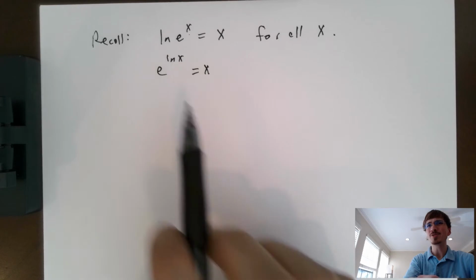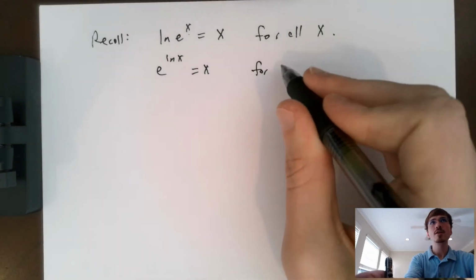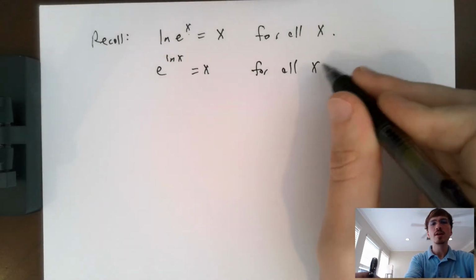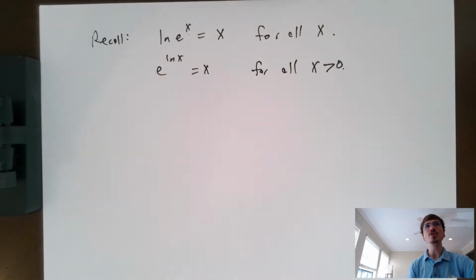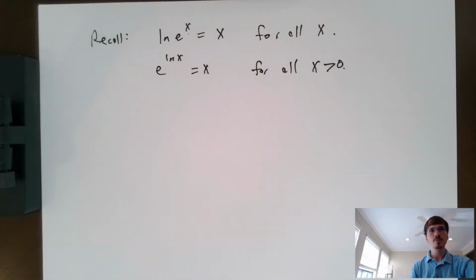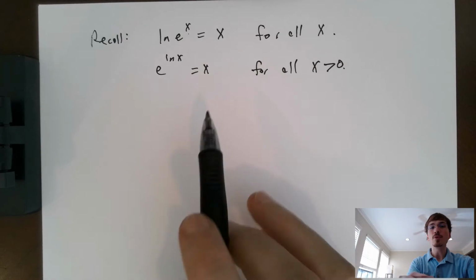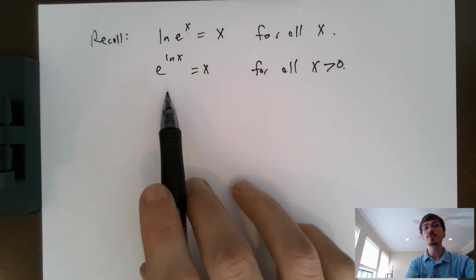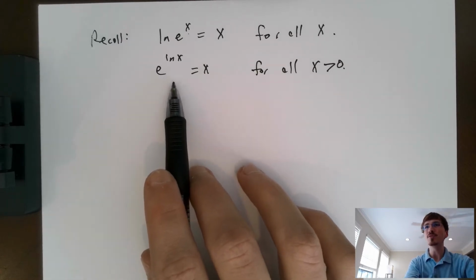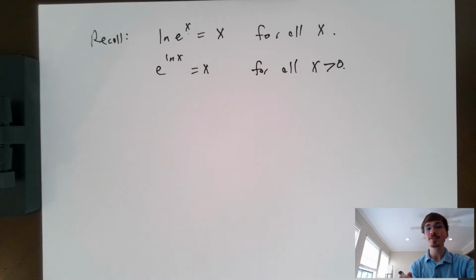And what's the domain of the natural log of x? Those are values of x that are strictly larger than 0. And so these are our inverse function properties of the natural log, as well as how they behave with the exponential function e to the x.